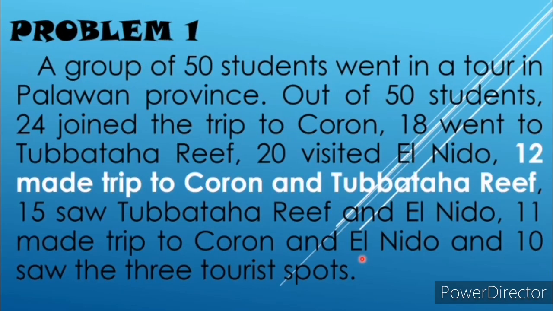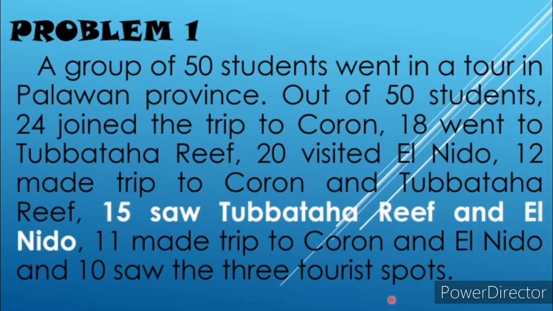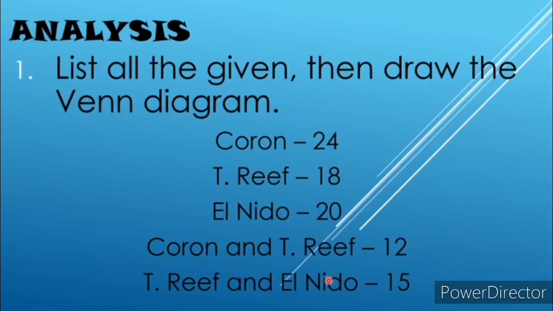And then, 12 made trip to Coron and Tubataha Reef. So, lagay natin, Coron and Tubataha Reef ay 12. So, merong 12 students na nagpunta sa Coron at Tubataha Reef. Okay. And then, 15 saw Tubataha Reef and El Nido. So, meron daw 15 na nagpunta ng Tubataha Reef and at the same time, nagpunta rin siya ng El Nido. So, lalagay lang din natin dito yung 15 na Tubataha Reef and El Nido.